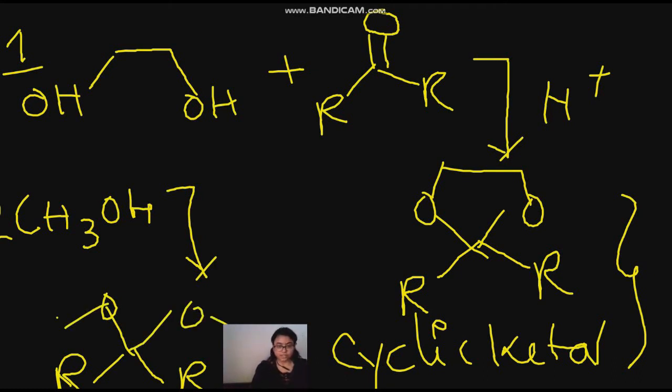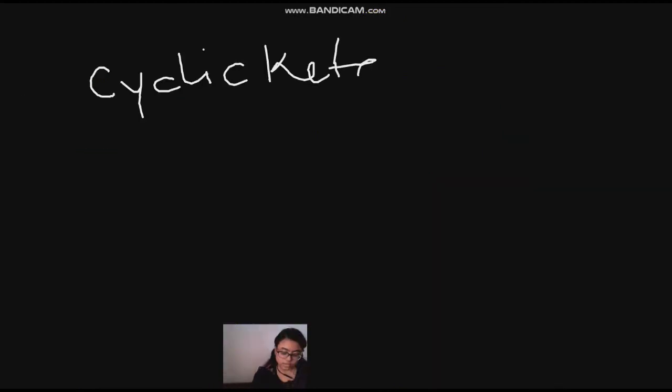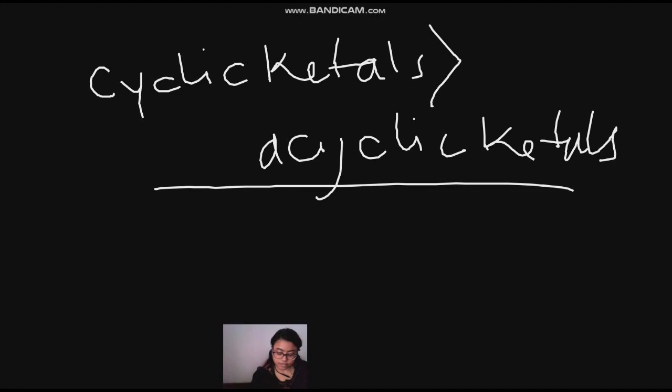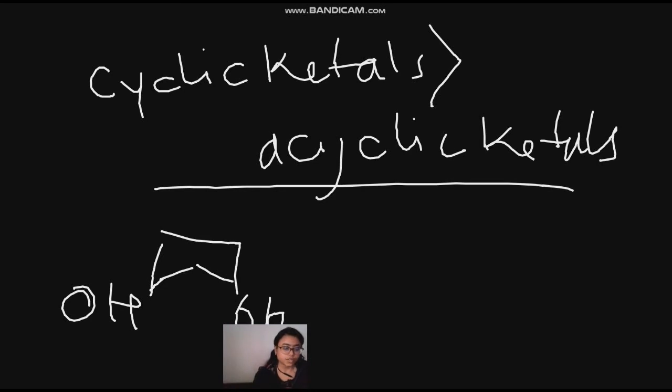Cyclic ketals are more stable than acyclic ones, and here we need 2 mole, but there we need only 1 mole. So cyclic ketals are more stable than acyclic ketals or acetals. This is applicable for acetal also. So we will take the diol to protect ketone.